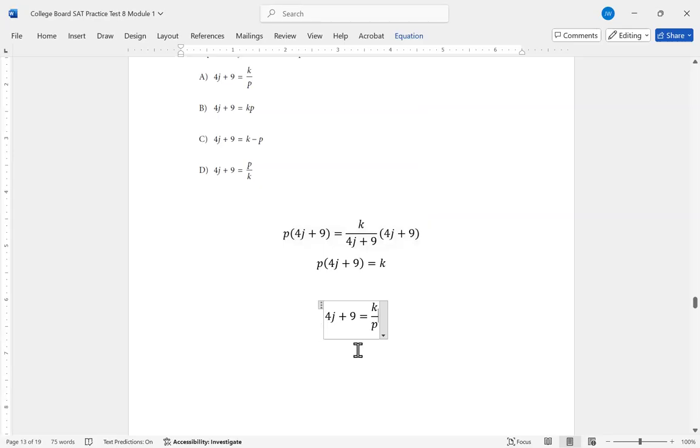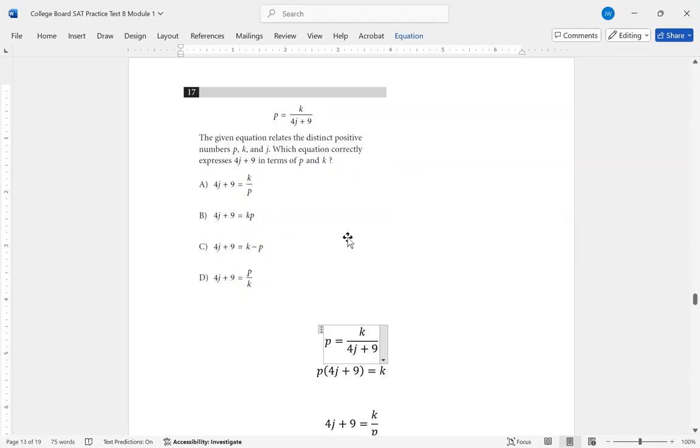That's one option. If you'd rather, you can also take that equation that we were given and rewrite it by taking the reciprocal of the left and right-hand side. I can do that because they're distinct positive numbers. Everything turns out to be positive. If I took the reciprocal, I would end up with 1 over P on the left-hand side is equal to the reciprocal, which is 4J plus 9 divided by K on the right-hand side.